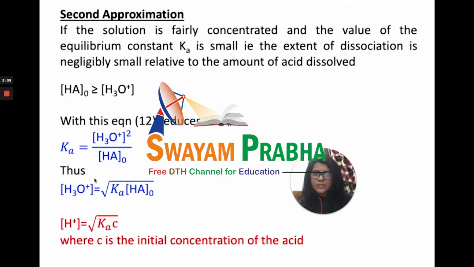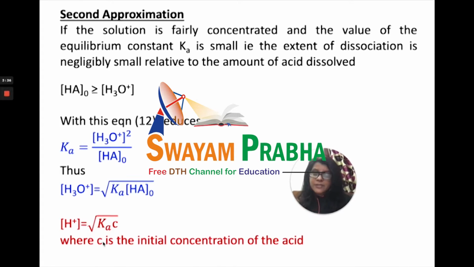This can be rearranged to give you the value of H3O plus. So H3O plus comes as under root Ka into HA naught. So if I want to find out the value of H plus ions in a weak acid, which is highly concentrated, but the Ka value is very small, I can directly use this expression to get the value of H plus ions.